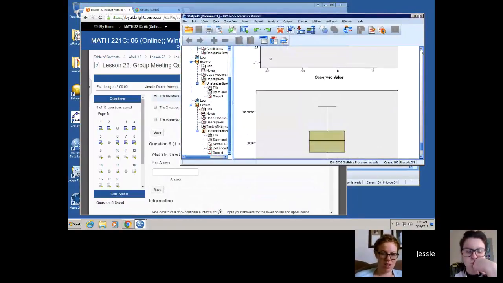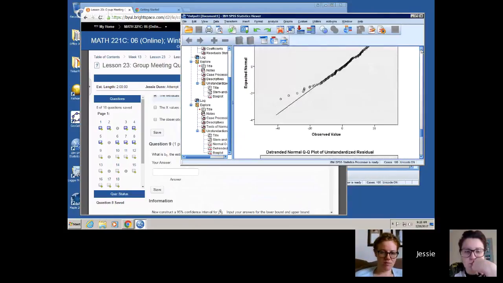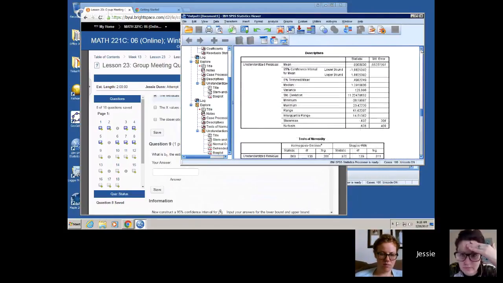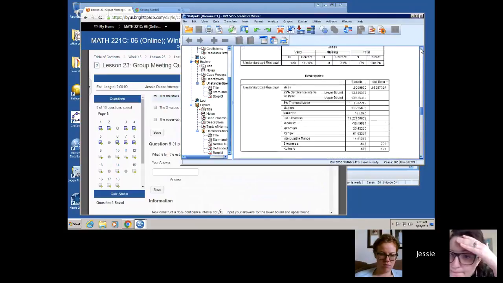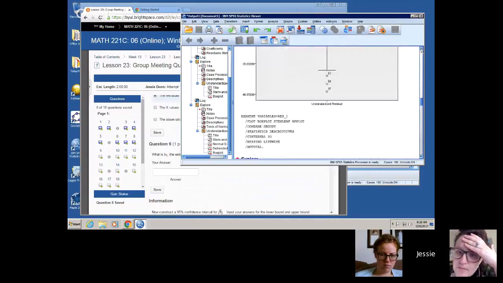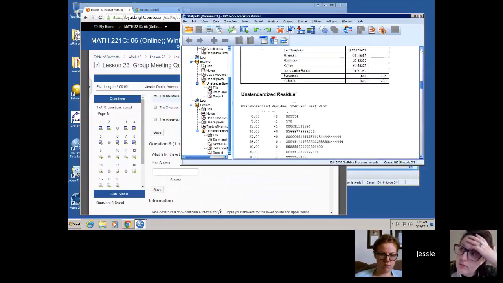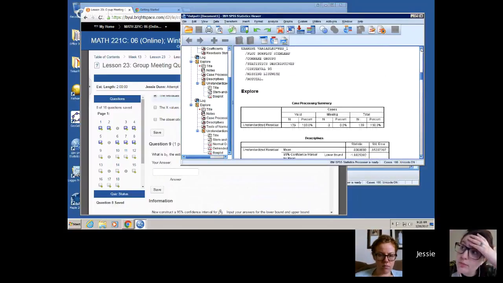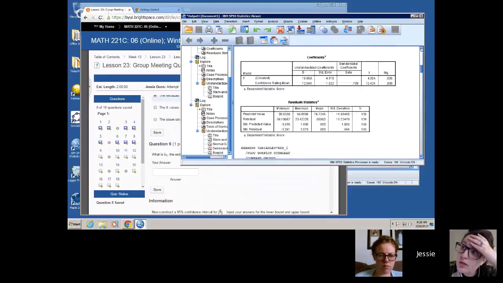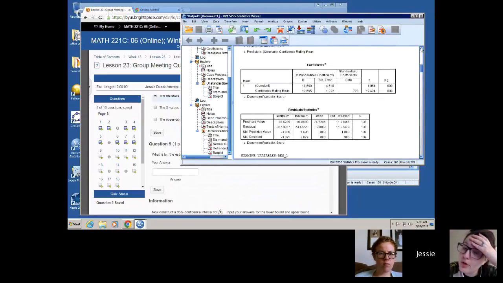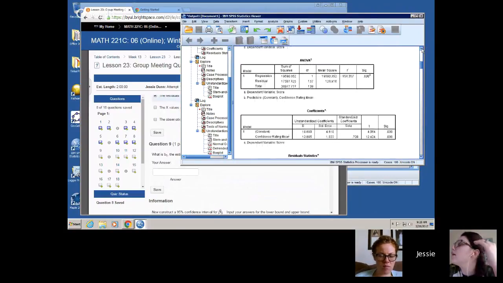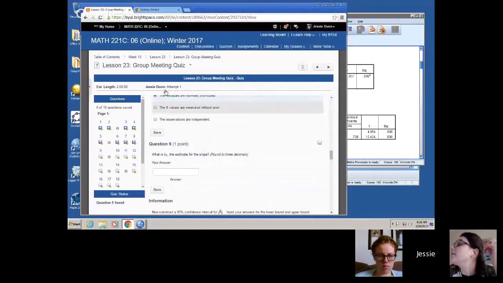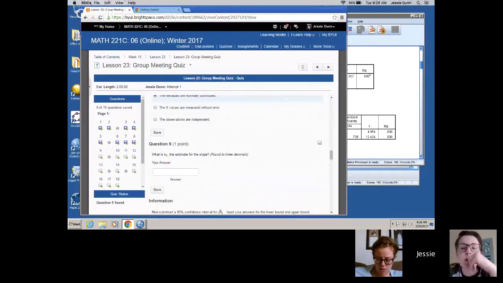Okay, so for the slope, which is B1, let's see. I need to look back.